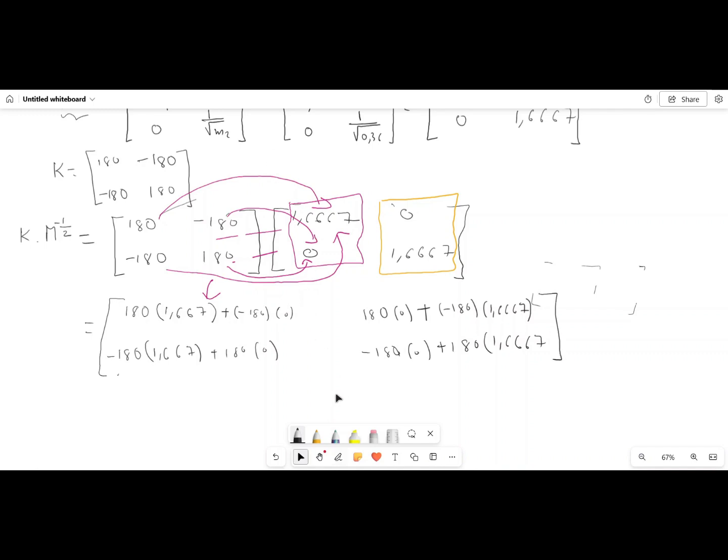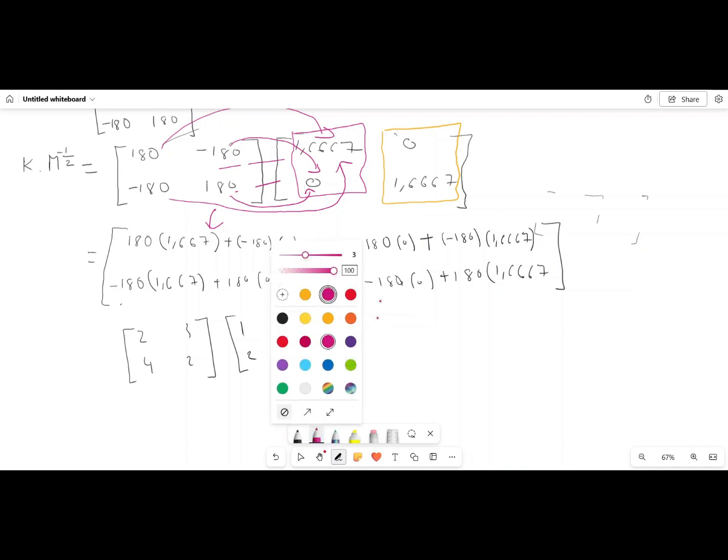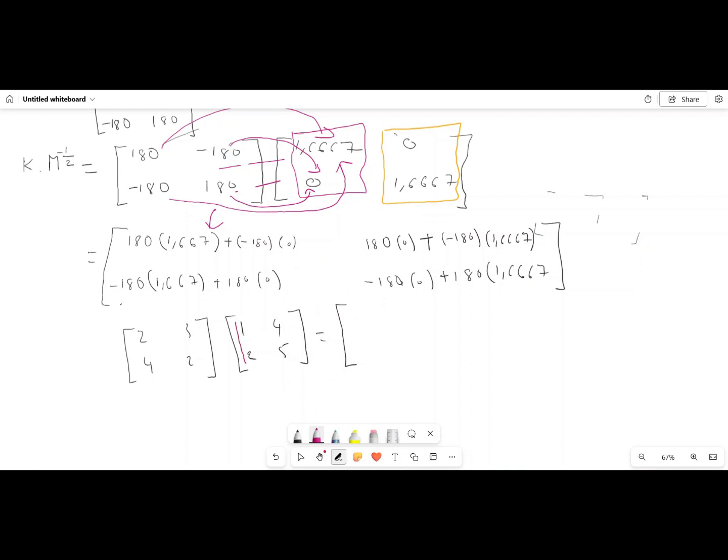Do you understand what I'm doing, guys? Can you kindly repeat the second part? Let me do this. Let's forget about those numbers. Let's say we have 2, 4, 3, 2 multiplied by 1, 2, 4, 5. At the end I'll have a 2 by 2 matrix. If I need to fill this row here, I will use these guys here.